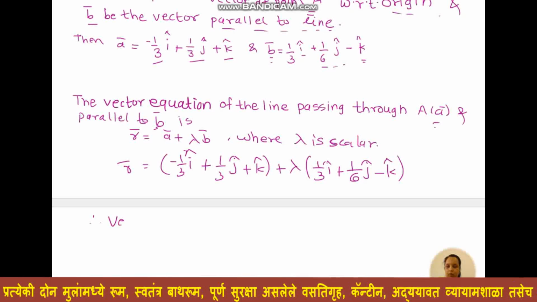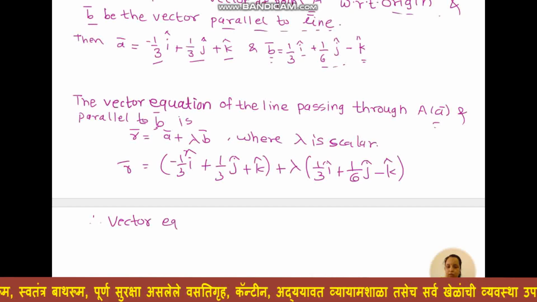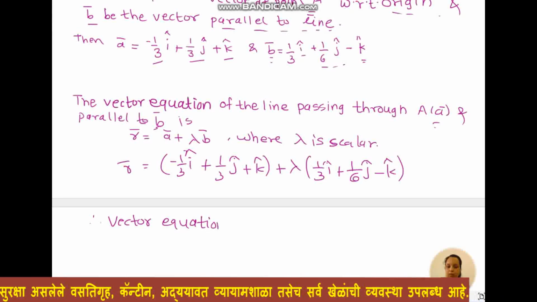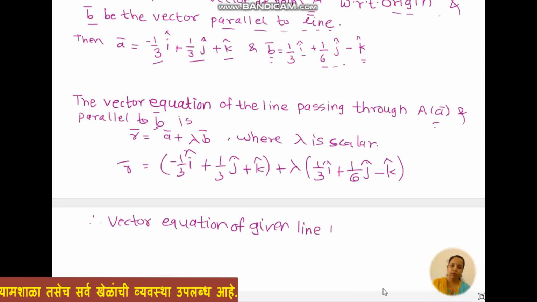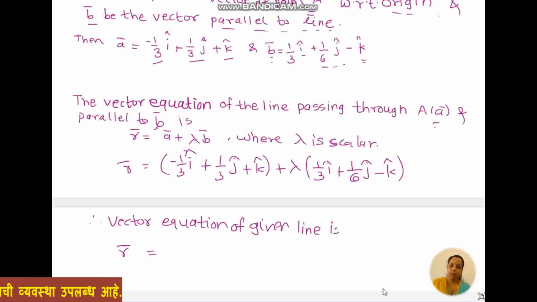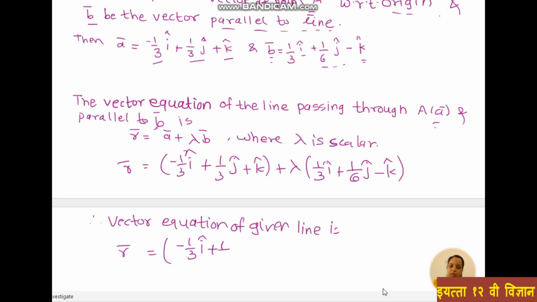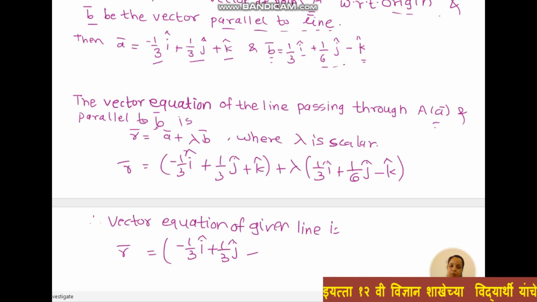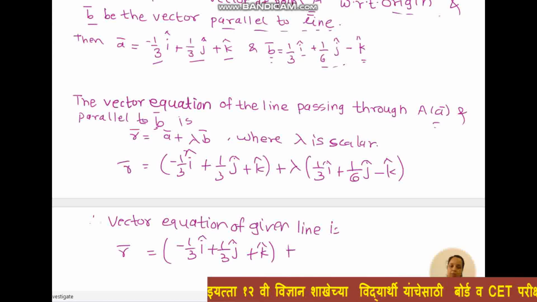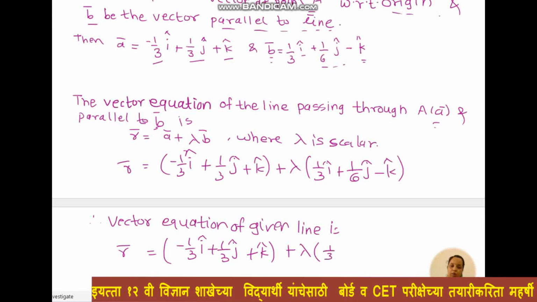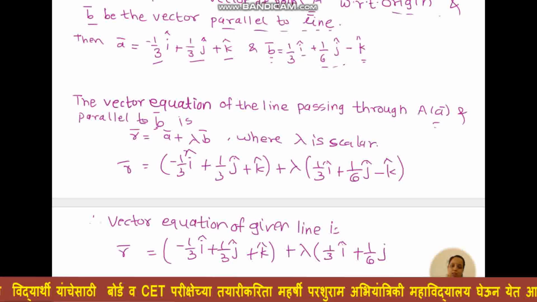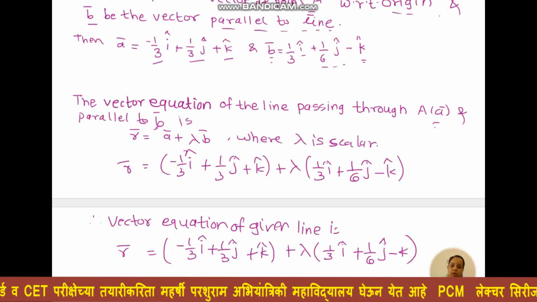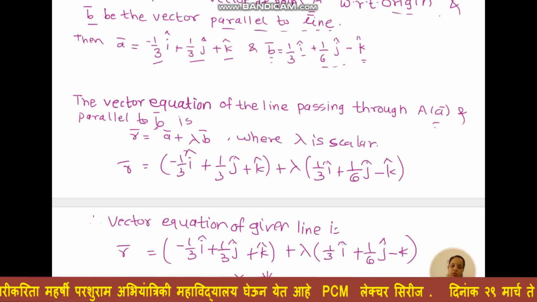Therefore, the vector equation of the line is R bar is equal to minus 1 upon 3 i plus 1 upon 3 j plus k plus lambda into (1 upon 3 i plus 1 upon 6 j minus k). So the problem is over.